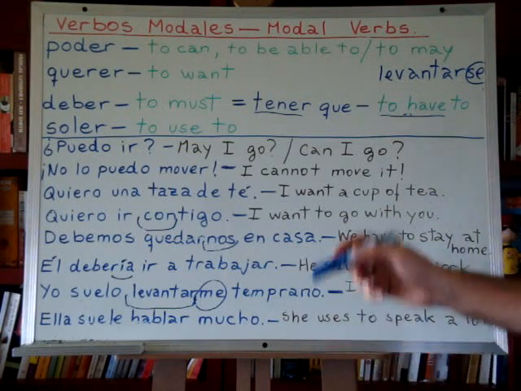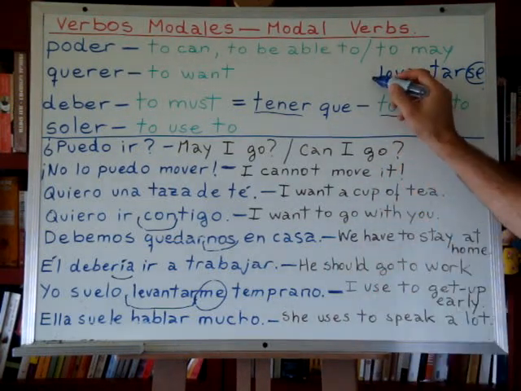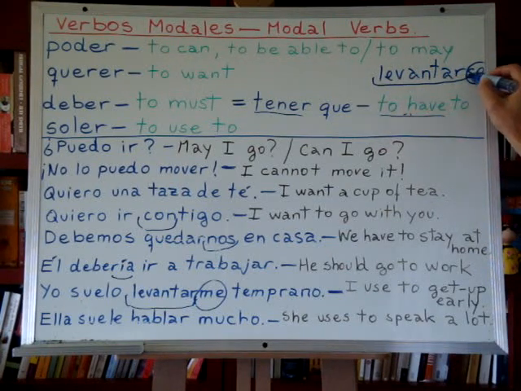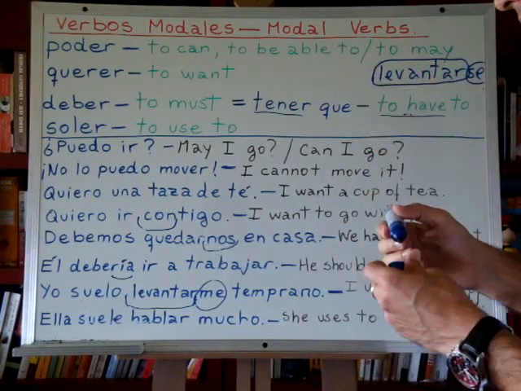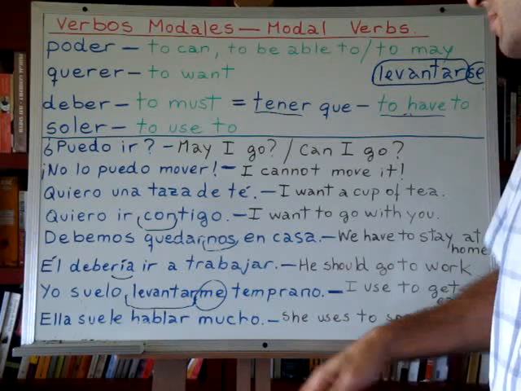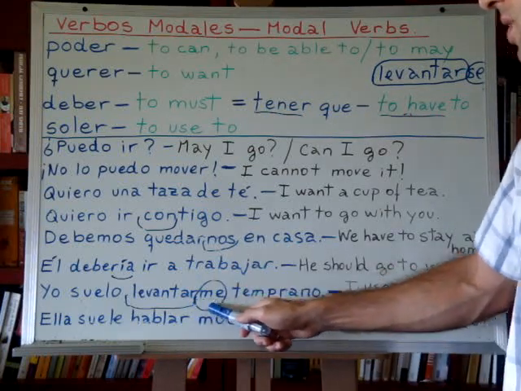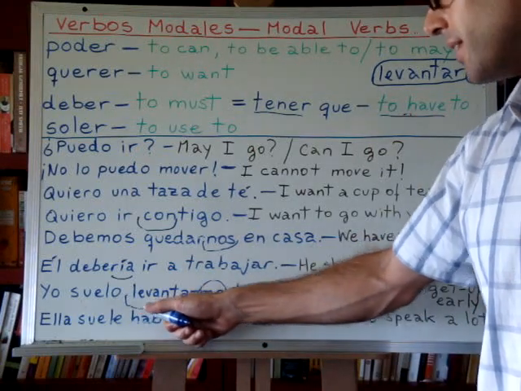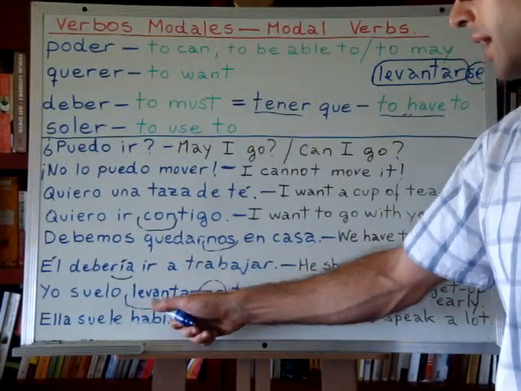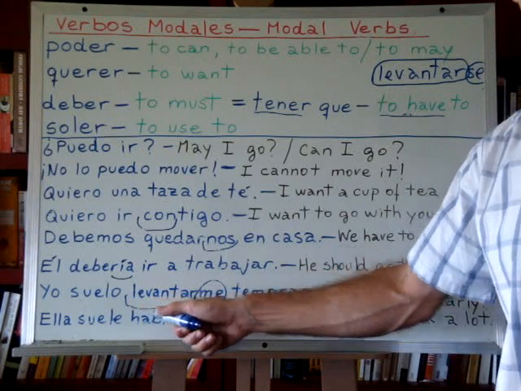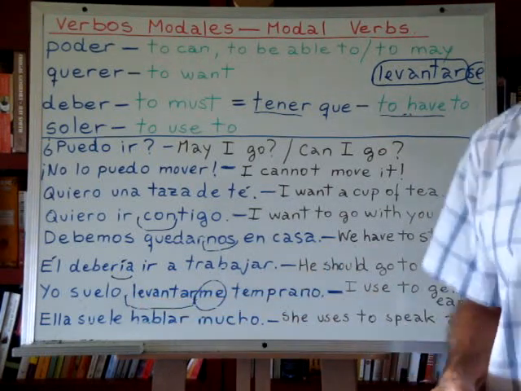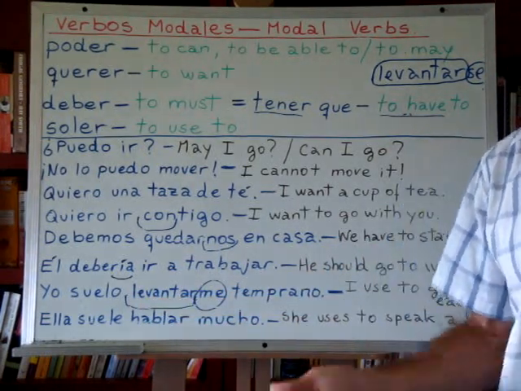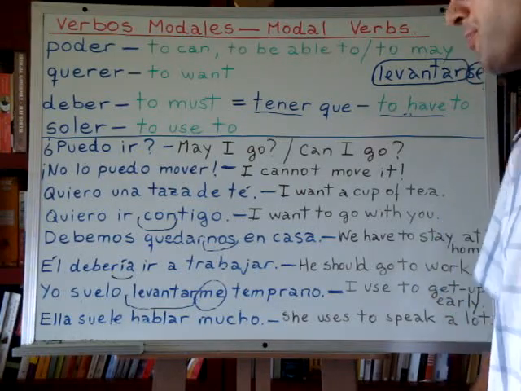So, reflexive verbs, when we conjugate them, this remains in infinitive, and here you see we change the ending, okay? So, levantarme would be to lift myself, or to get up, okay, in English.